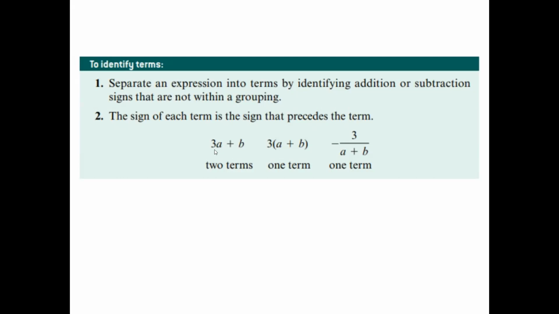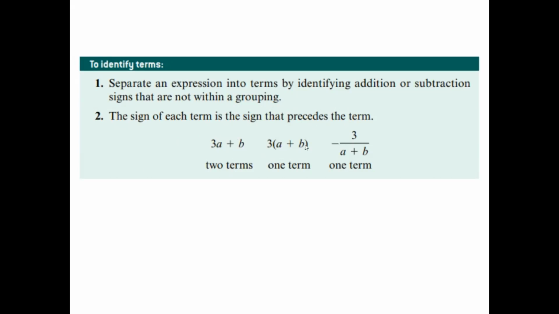So 3a plus b, two terms. Terms are separated by plus or minus signs. Understand? So 3a plus b, that's two terms. One term is 3a, the second term is b.